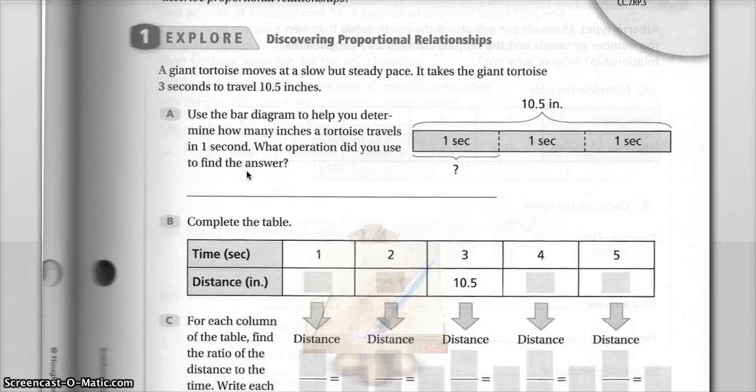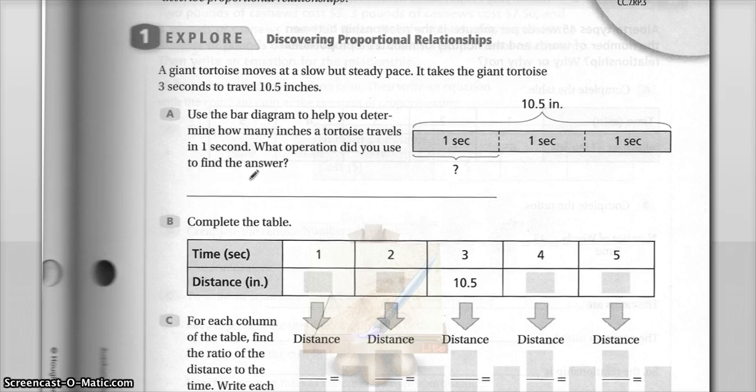Your first section right here is always explore, and this lesson doesn't necessarily tell you how to do this problem. It just asks you to use what you already know to figure out the answer. So the first question is, a giant tortoise moves at a slow but steady pace. It takes the giant tortoise 3 seconds to travel 10.5 inches.